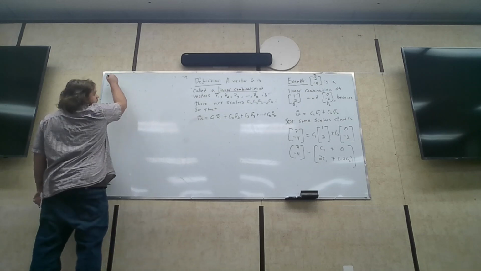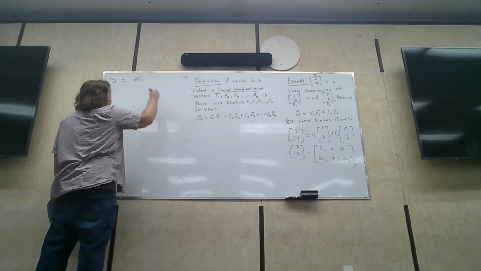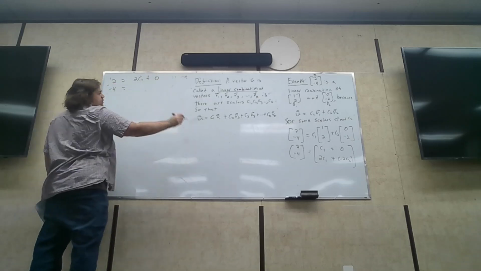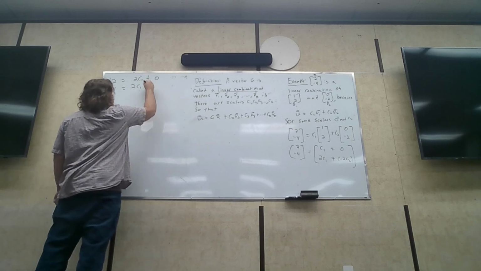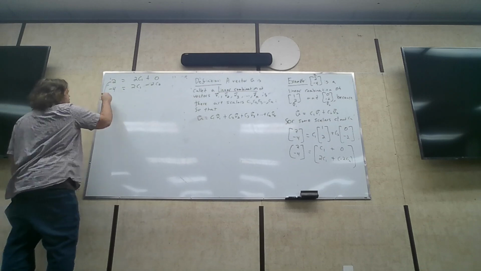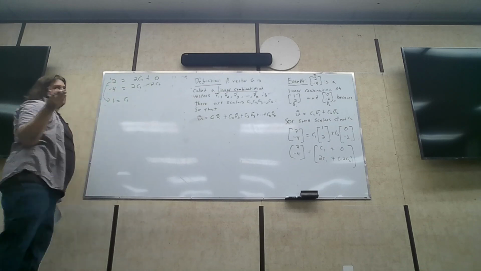So the first equation is, I'll write the plus 0 so it matches exactly, minus 4 is equal to 2c1 plus or minus 2c2. So this first equation, divide by 2, tells us c1 has to be 1.